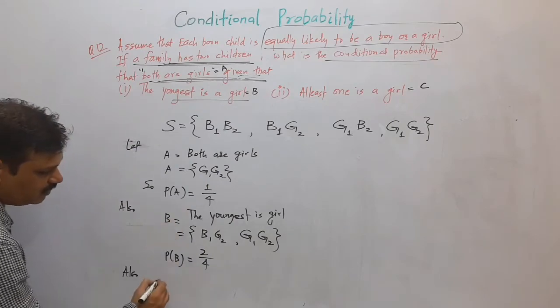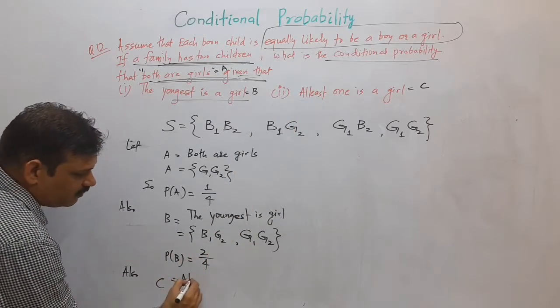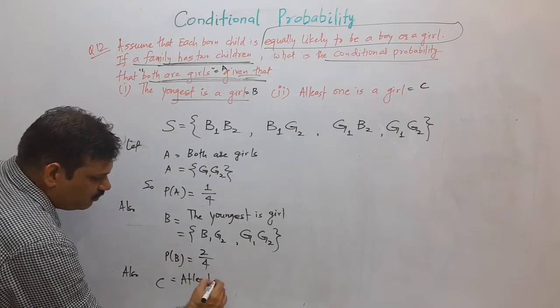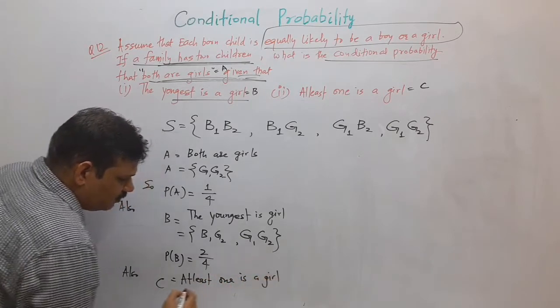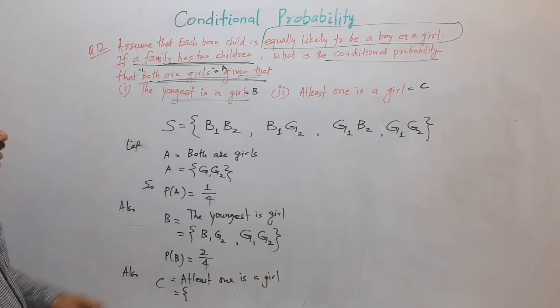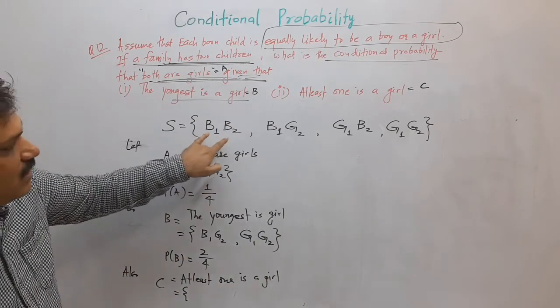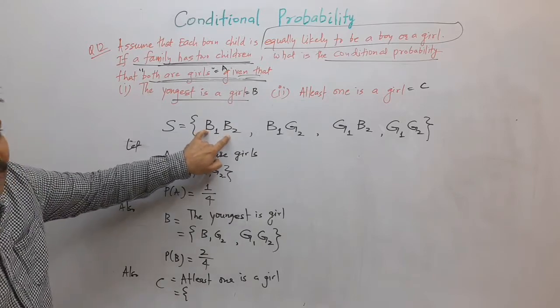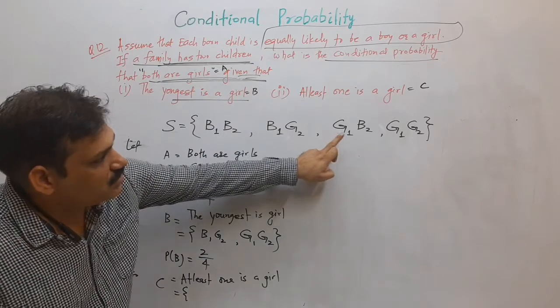Also here we have defined C for this part: at least one is a girl. Let's see. Here there is no girl. We will consider only those cases where at least one is a girl, so this sample point will not be in favor. In this, at least one is girl.